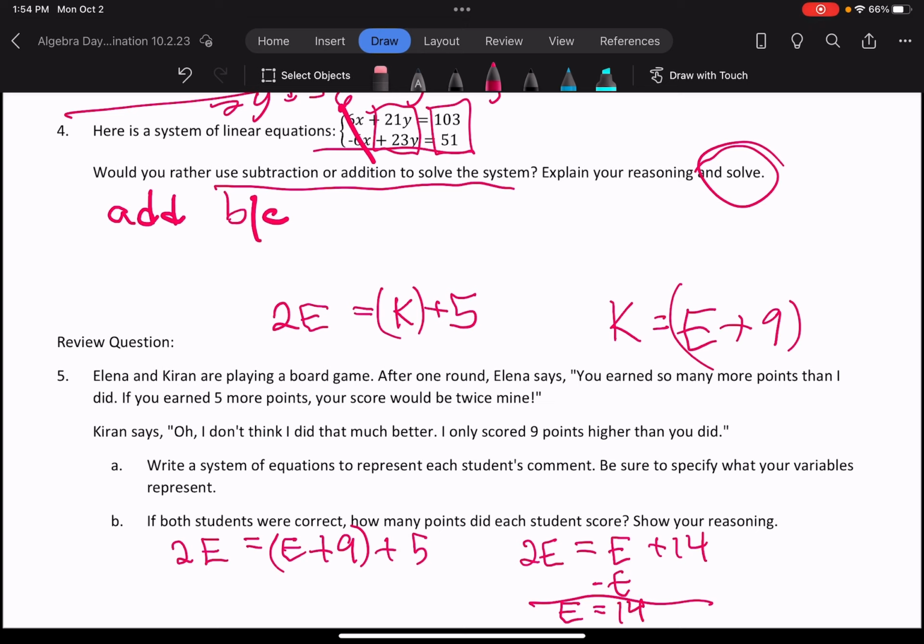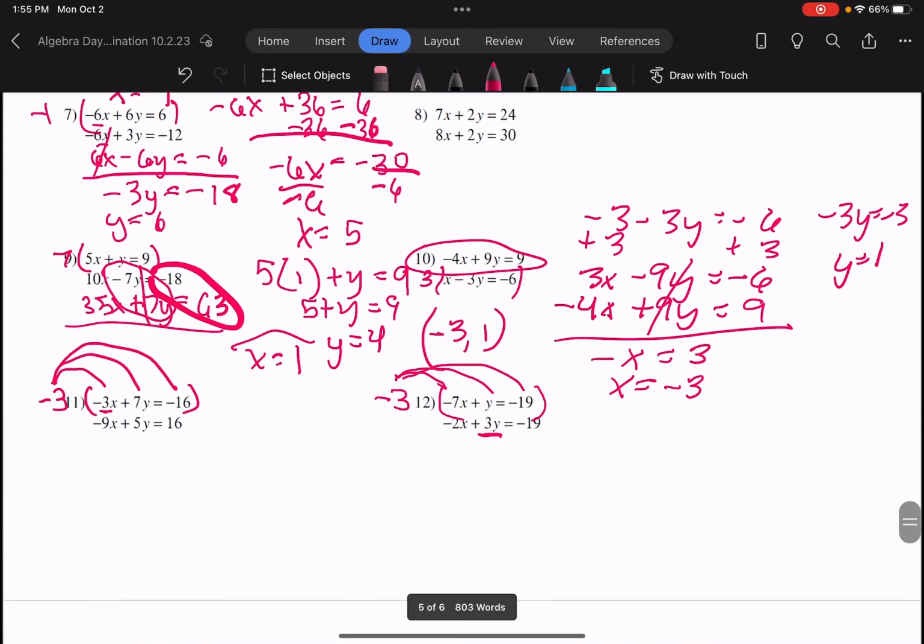This would mean that Elena's score is 14, and if I were to plug that into this score, for example, here, I would get 14 plus 9, which gives me 23. So Elena's would be 14, and Kieran's would be 23. Okay, so this is doing the same thing you did, but with a particular situation and writing an equation for them.